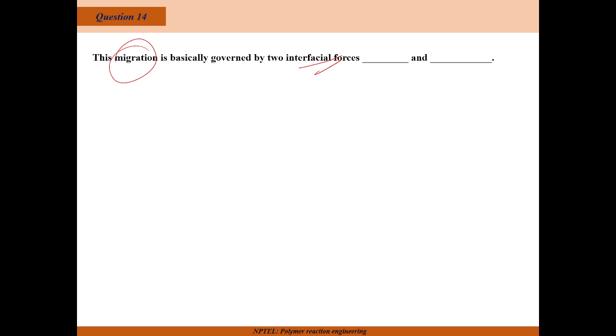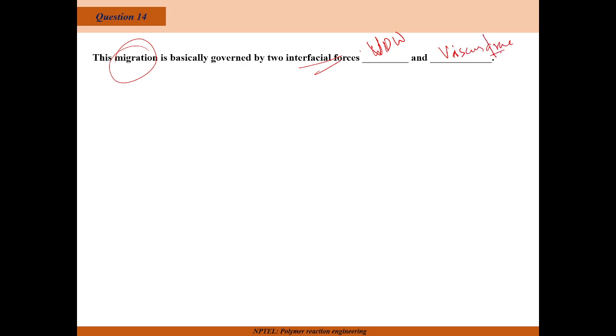If we go a bit deeper, the basic reason behind the surface tension is van der Waals forces. Van der Waals forces can lead to attraction or repulsion, and the other one is the viscous drag of the migration.